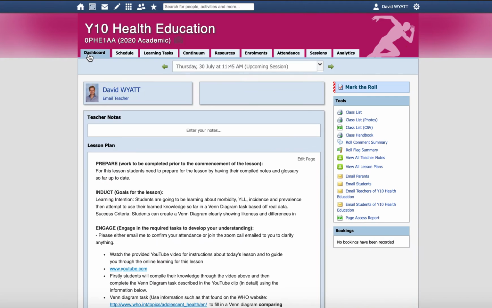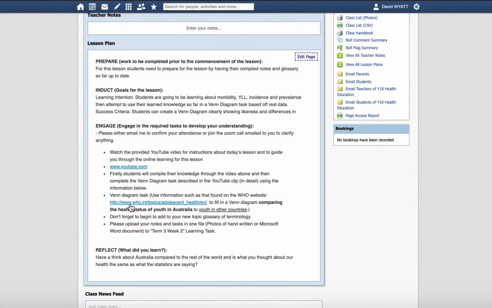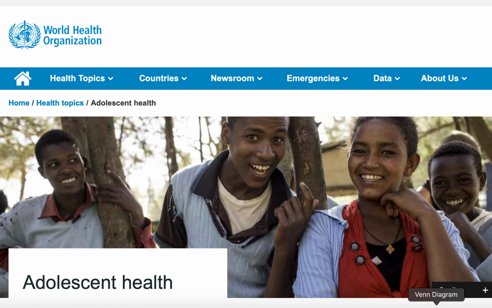What I would like to draw your attention to now, after you've taken these notes, and if you've got any questions, ask me, is this website here, which is the World Health Organization. Now, the website that you went to yesterday was Australian Health Statistics. This is the World Health Statistics.